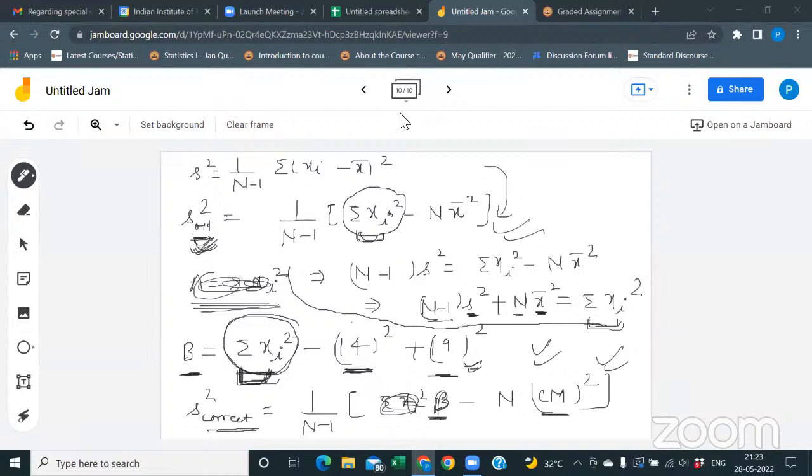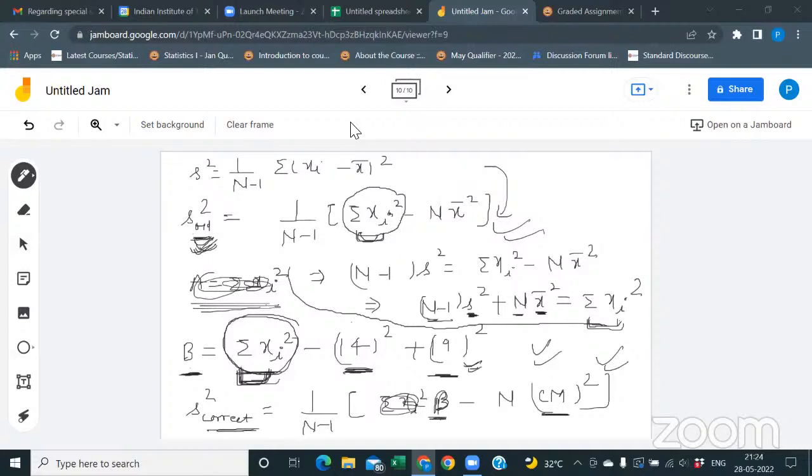Then it is going to become around 320, S square into 5 is equal to 45. Then 365, if I divide 365 by 5, it is going to give me 73. So the sample variance formula is S square, right? The answer is going to become like 73.